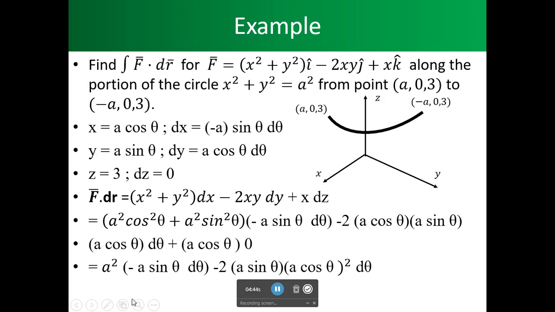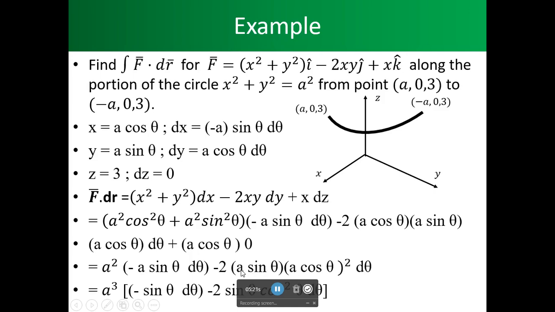That's the identity. So now we have here a, minus a sine of theta d theta, minus 2, we have a cosine of theta times a sine of theta, then a cosine of theta, so that gives us a cosine of theta squared d theta. And then we can pull out an a cubed.